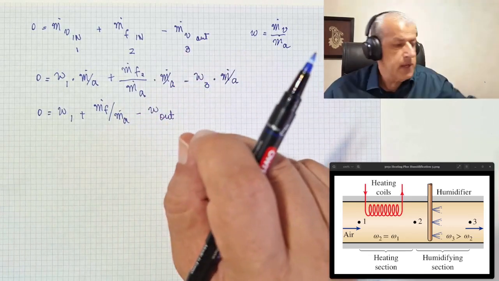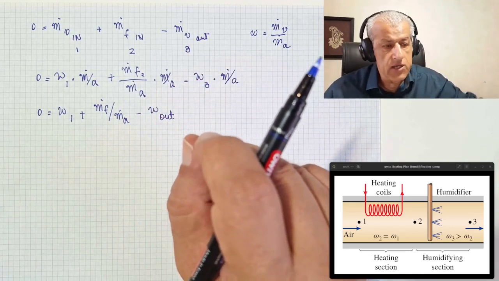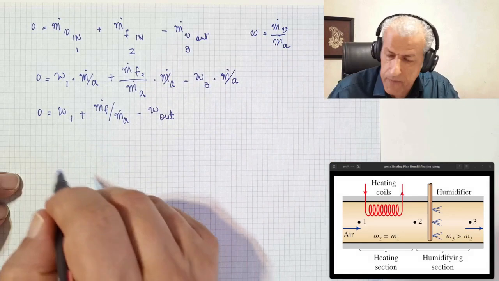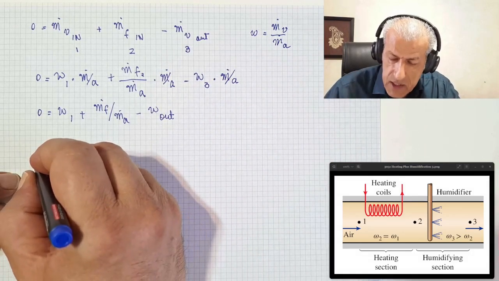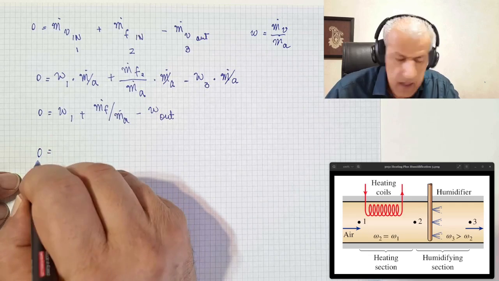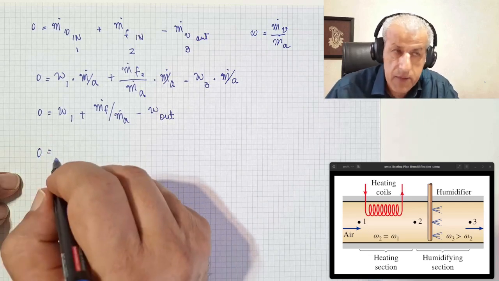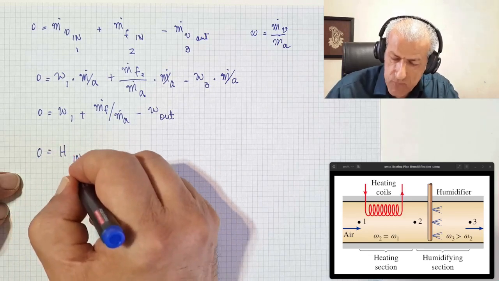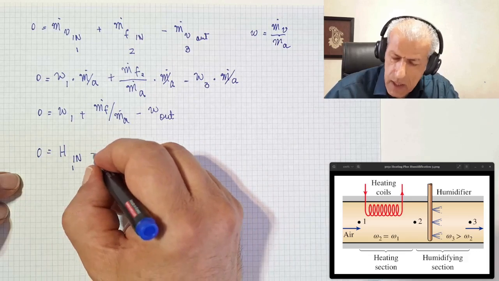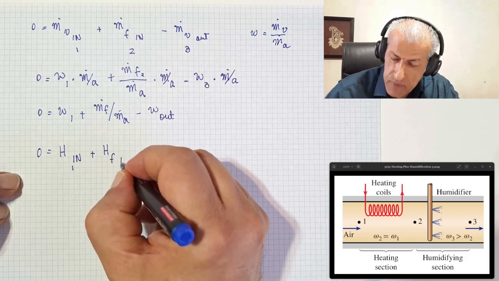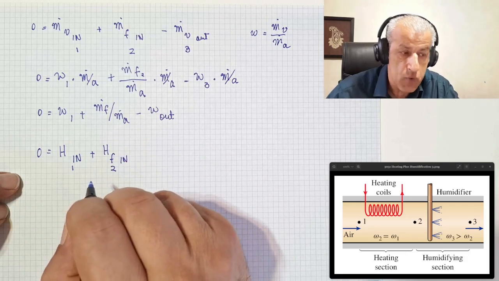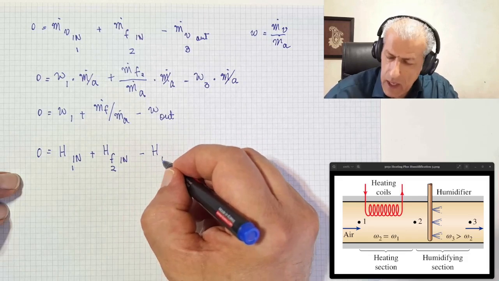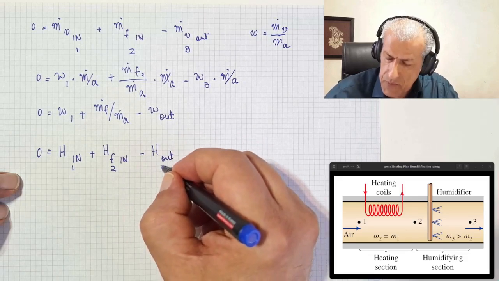But before I do that, I would go for the energy equation and try to write down the energy equation as well. So the left-hand side is 0 for the energy equation. 0 equals the enthalpy going in at point 1, which is H in at point 1, plus H F in, and that's at point 2, and minus H out at point 3.